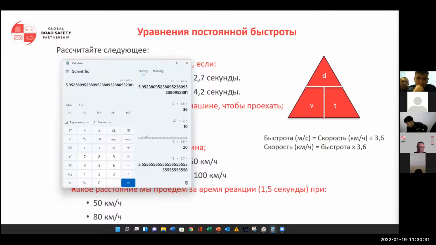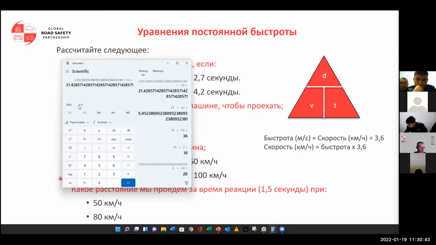That's our velocity V. We have been asked for speed, so multiply by 3.6. And there's our speed, 21 kilometers per hour for that second part. So that's calculating speed and velocity.